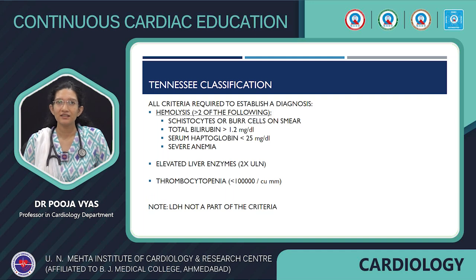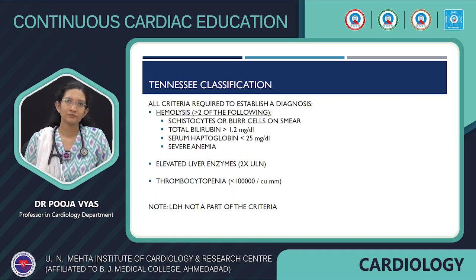There should be elevated liver enzymes by more than twice the upper normal limit, and thrombocytopenia with platelets less than 1 lakh per deciliter. Here we should note that LDH is not a part of the criteria.